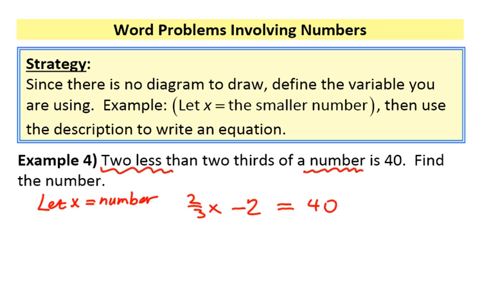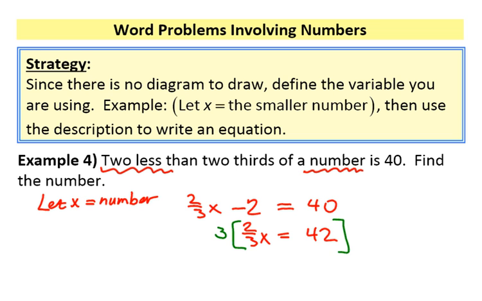Once we write our equation, we'll solve it. We'll add 2 over here and get that 2/3 x is equal to 42. We have a fraction. You could get rid of the fraction by multiplying by 3. You also have the option of multiplying both sides by 3/2 as well. So let's do it one at a time.